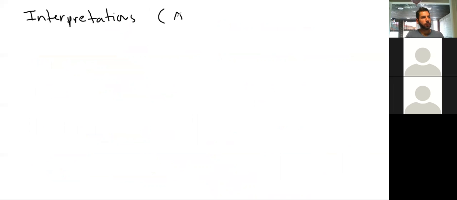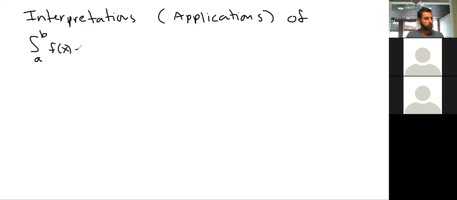What is an interpretation or an application of the integral? Well, let's make this very, very clear before we do anything. The first thing is area. When can we interpret this as area?